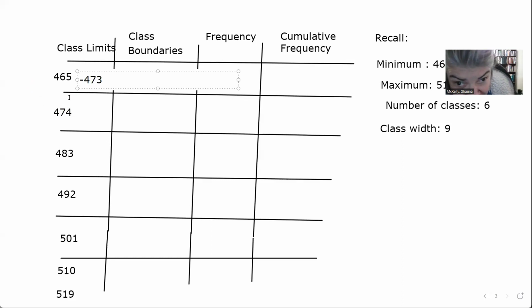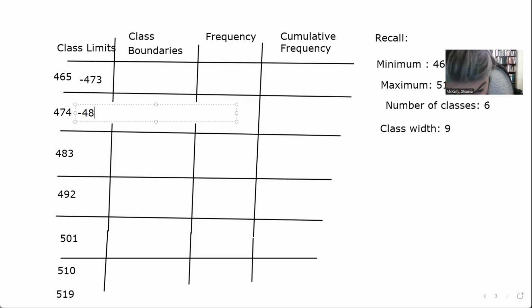That's the easiest way. It's not the only way. Once you get this number, you can add 9 to it, just like you did before. So this is going to be 482. If you add 9 to 473, you get 482.